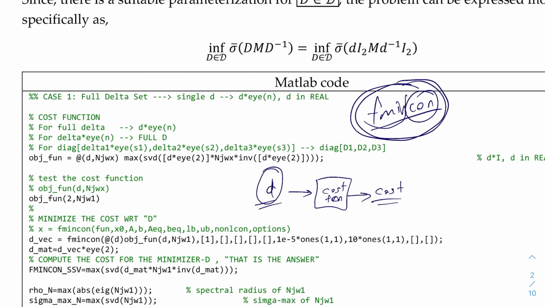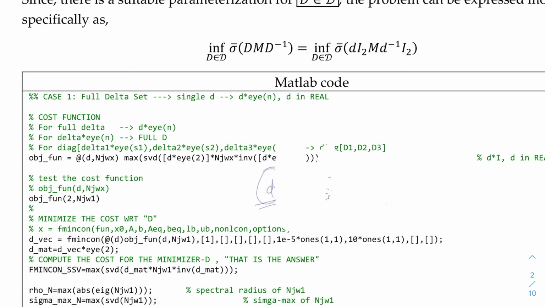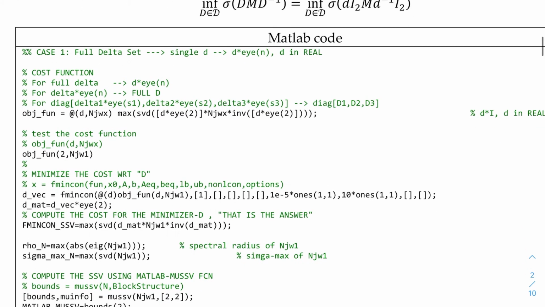You can use FMINCON for that type of optimization problem, especially if you have an analytical problem where you can express the cost in closed form.